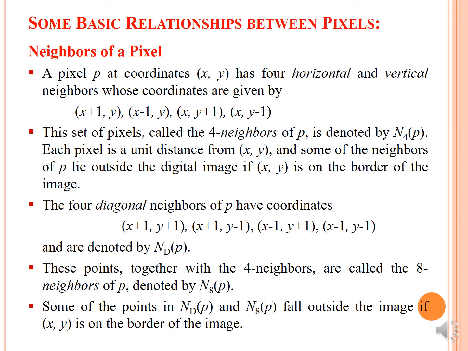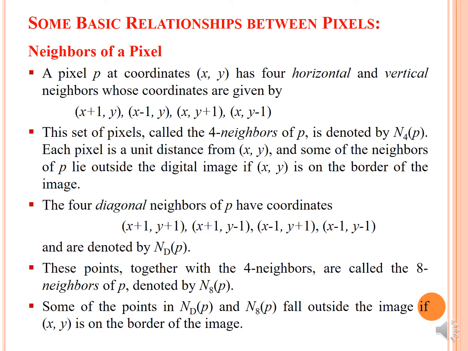Each pixel is a unit distance from (x, y), and some of the neighbors of P lie outside the digital image if (x, y) is on the border. The four diagonal neighbors of P have coordinates (x+1, y+1), (x+1, y-1), (x-1, y+1), (x-1, y-1) and are denoted by ND(P).